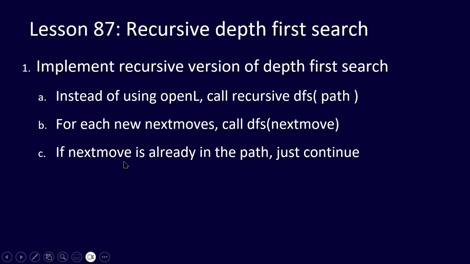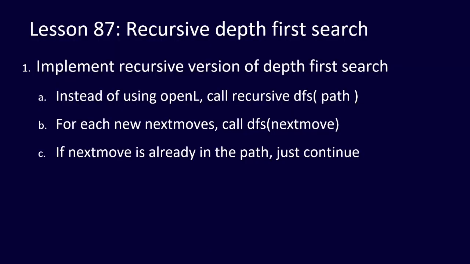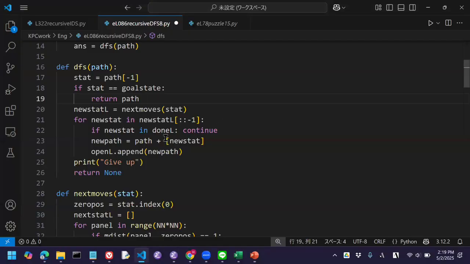But before that, we'll check that if the next move is already in the path, just continue. So if new state is in the path, we will do nothing.